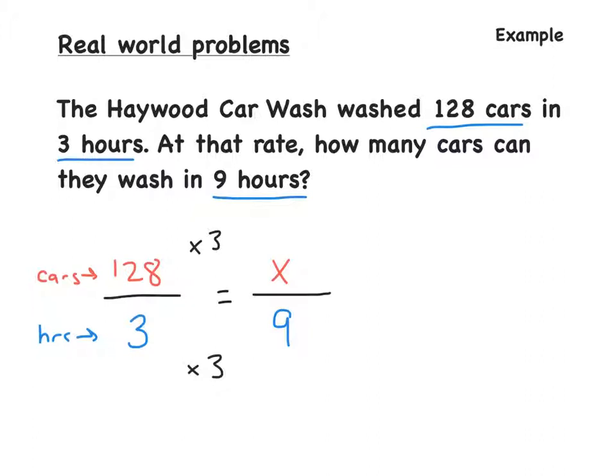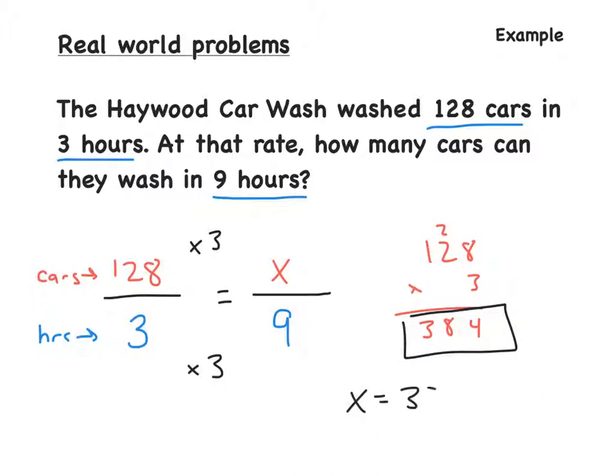So now I have to do 128 times 3 to find x. So if we do 128 times 3, we have 24, 6, 7, 8. They can do 384 cars. So x is equal to 384 cars.